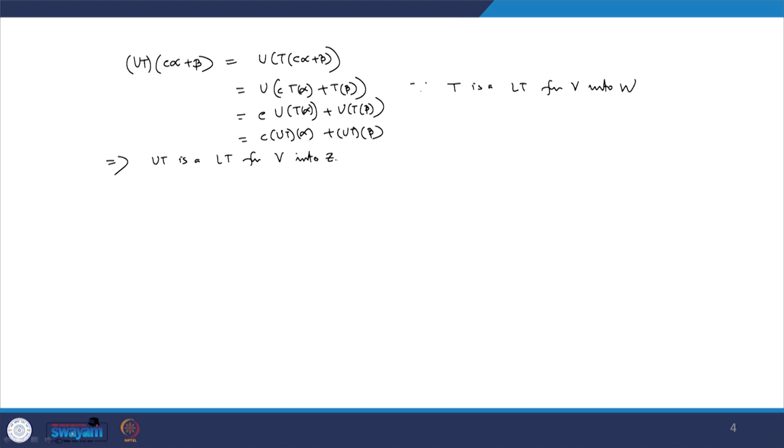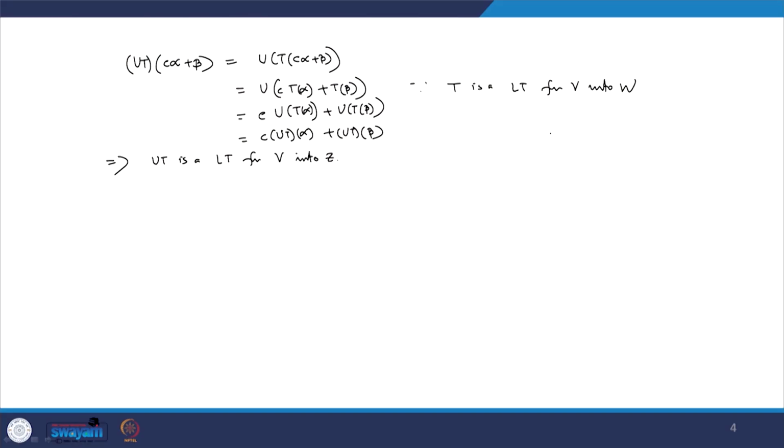So, we see that even if I consider the product of two linear transformations, it is also a linear transformation. If I write UT, the mapping is from V into Z, but if I write TU instead of UT, let me check. V to W is my T, and U is W to Z. Is it possible to define TU?